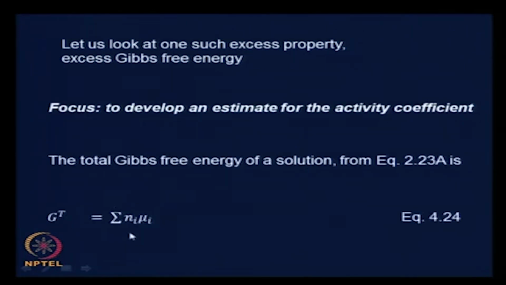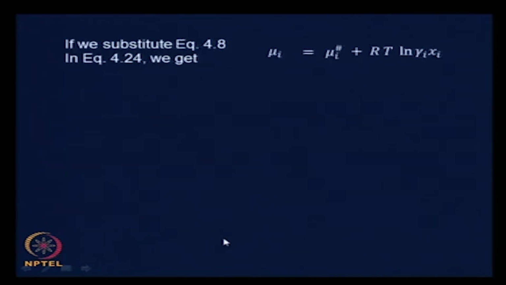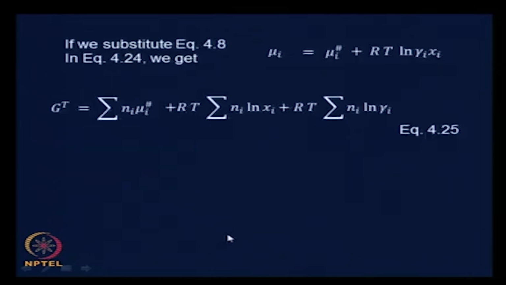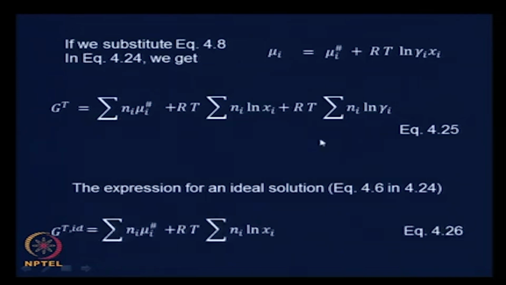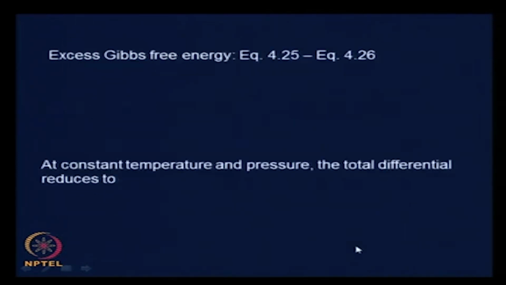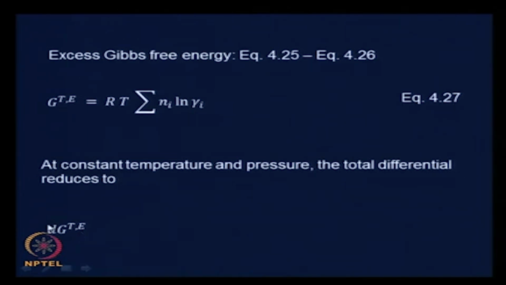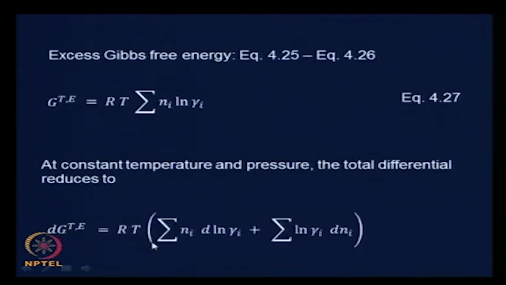Then we said the total Gibbs free energy was the sum over Ni times mu i, and then we went through the difference between the total and the ideal, that gives us the excess, which will turn out to be only this term on the right hand side, RT sum over Ni ln gamma i, and therefore dGTE, the total differential of GTE, by chain rule would turn out to be RT times summation over Ni d ln gamma i plus summation over ln gamma i dNi.